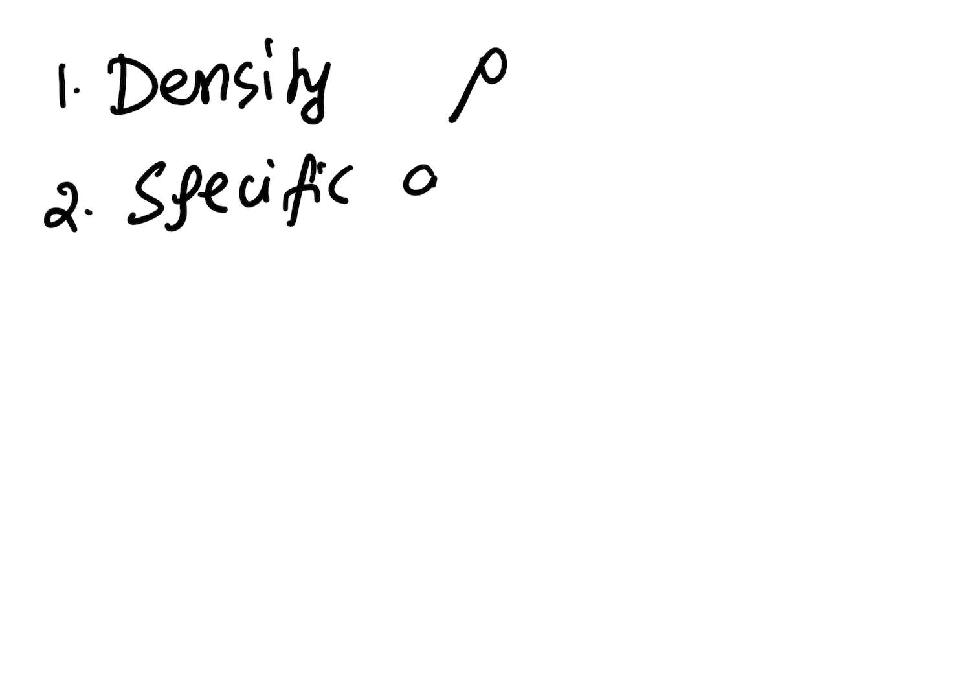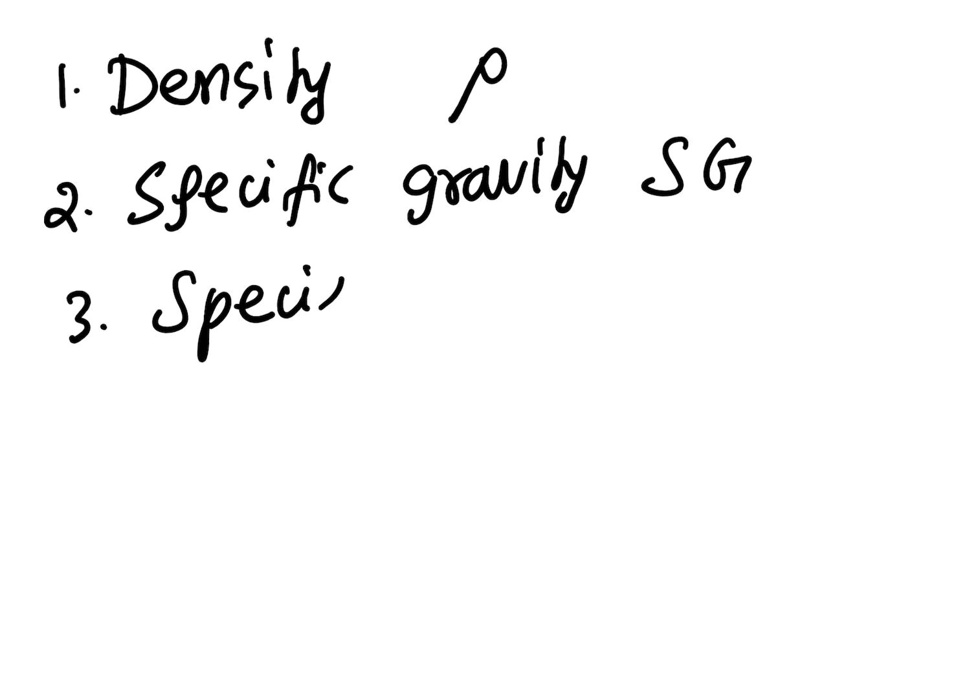So we have density, which is an important quantity. It can be expressed directly as density, as specific gravity, and as specific weight for the same fluid. For the same fluid you can express it in three different ways.